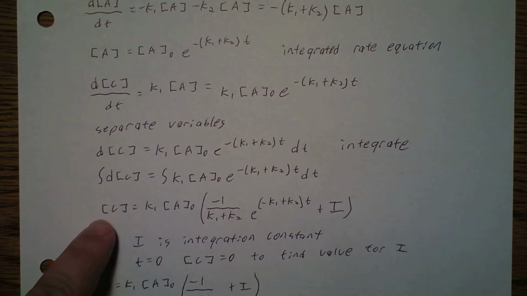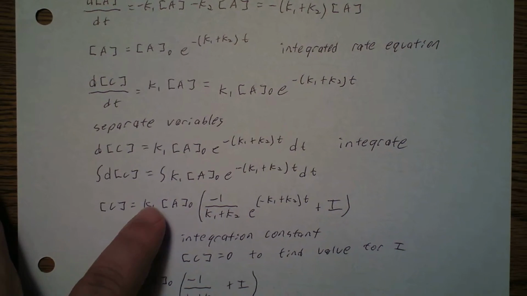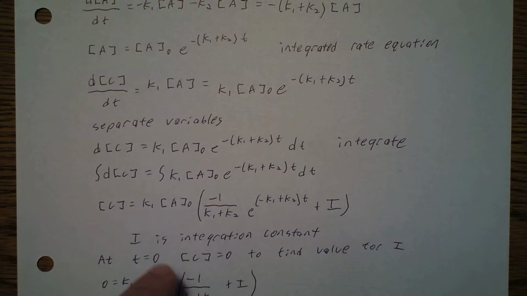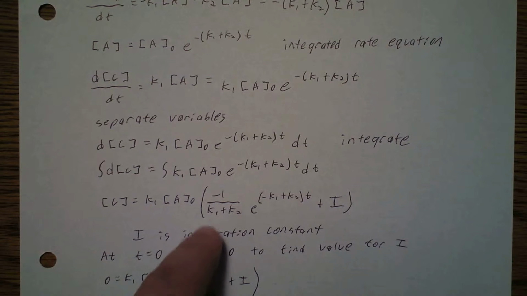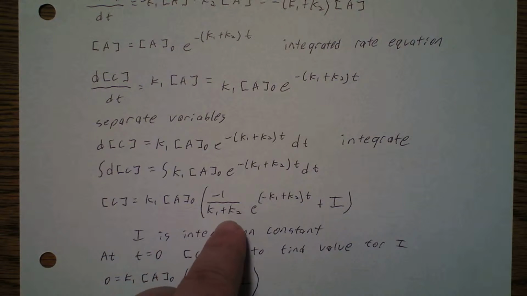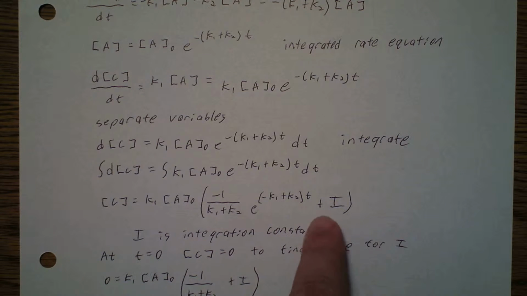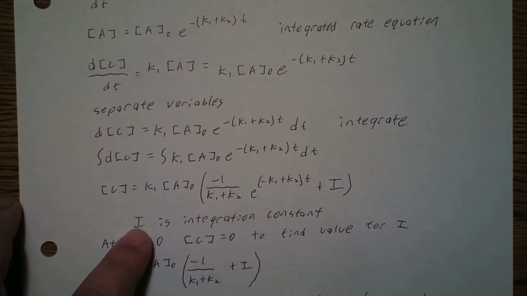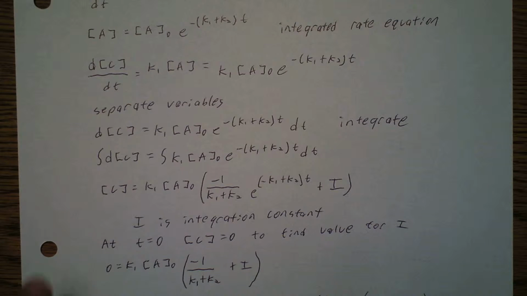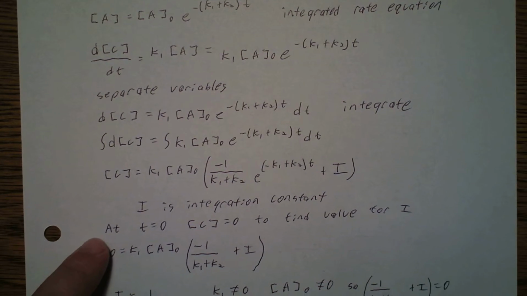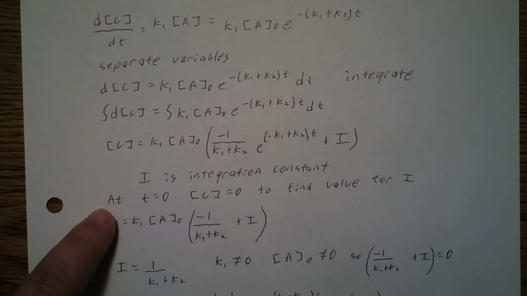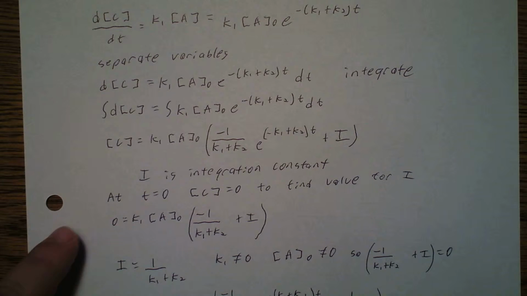So we have the concentration of C equal to K1 times the initial concentration of A times all this quantity here, minus 1 over (K1 plus K2) times e to the minus (K1 plus K2)T, plus I, where I is an integration constant because that's an indefinite integral. So at T equals 0, the concentration of C is equal to 0.